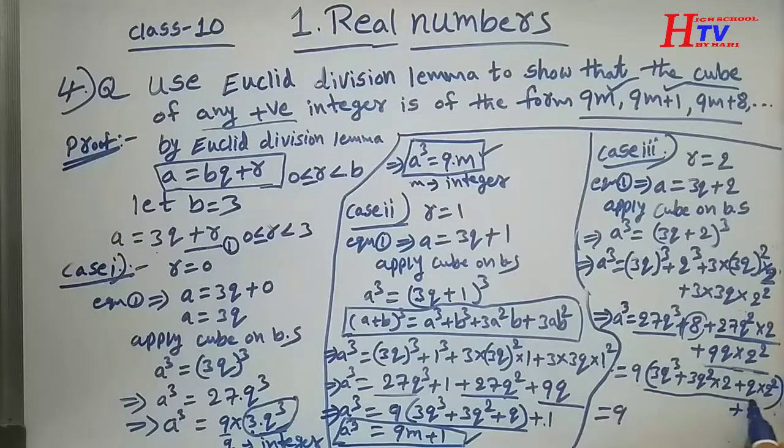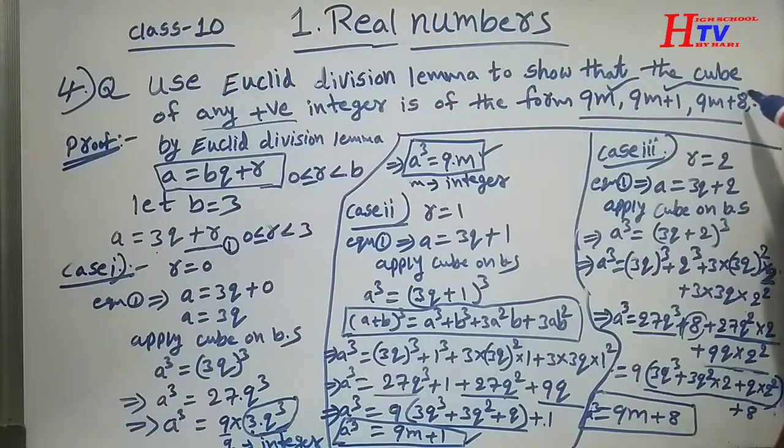This whole value I am considering as m. m is also an integer, plus remaining 8. This is a cube. Here 9m plus 8.